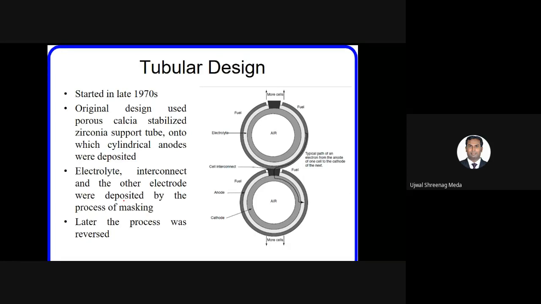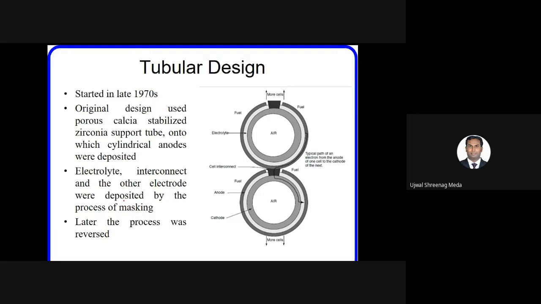So what is this procedure? The cathode material is casted in the form of a tube. Such tube is considered as the base material. On top of that, the electrolyte material is grown on the cathode tube.